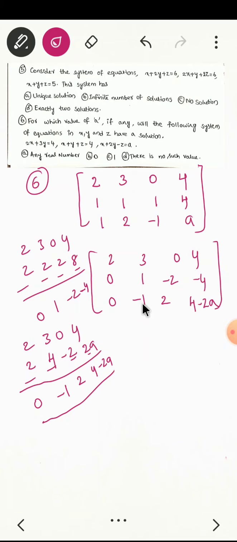Now by using this I have to make this 0. I'll just add up these two. So 2 3 0 4, 0 1 minus 2 minus 4, 0 0 0. Why? Because 1 minus 1 is 0, 2 minus 2 is 0, minus 4 plus 4 cancel, minus 2a I am getting.